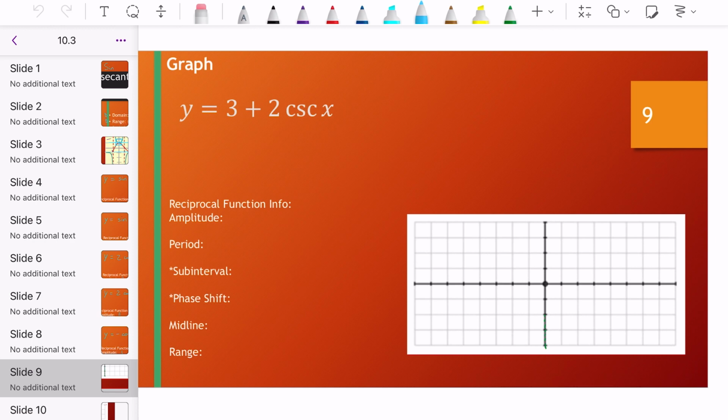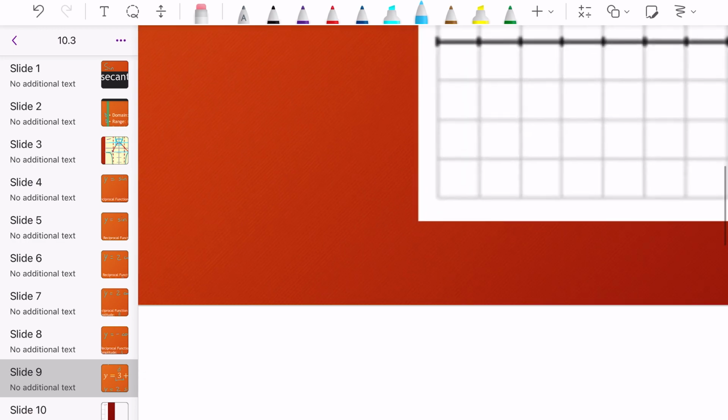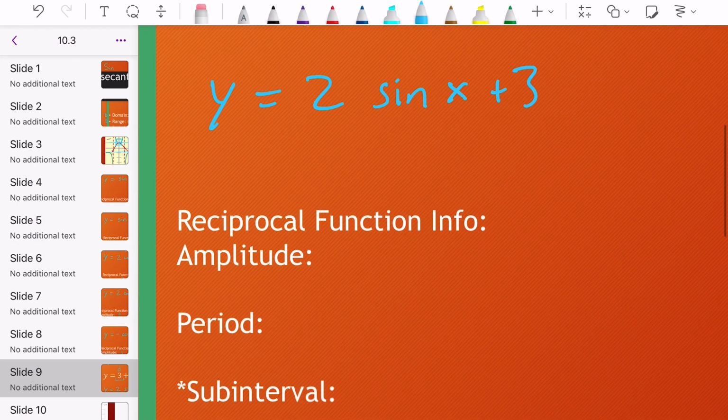Now, in this case, keep in mind, we do have the 3 in the front, which is our D. As we go rewriting this problem, we're going to want to go ahead and put everything back in its place. Y is equal to 2 sine of x plus 3. Our amplitude in this problem would actually be 2.